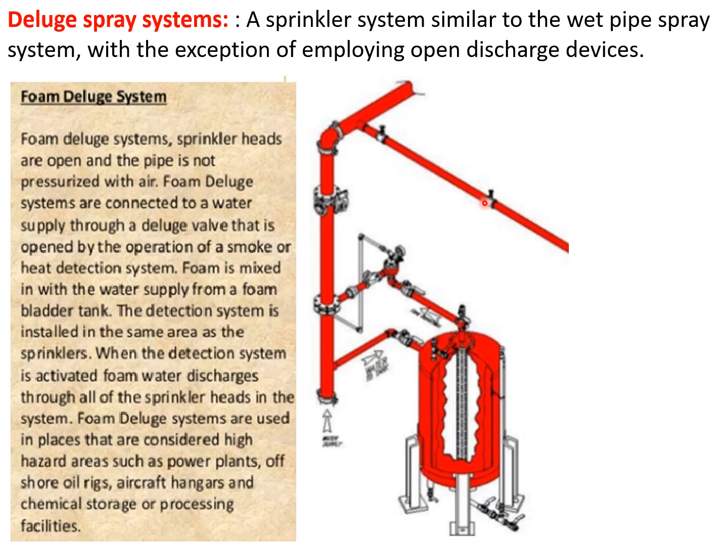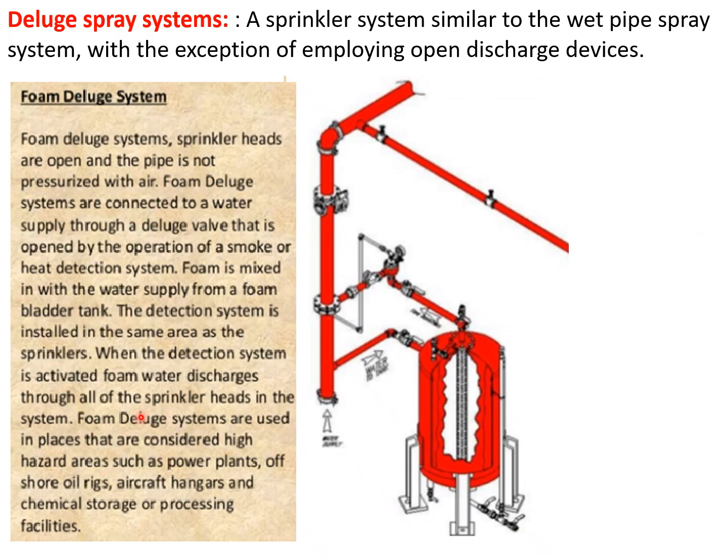Foam is mixed here, in which the water supply comes from a foam bladder tank. This is the foam bladder tank. The detection system is installed in the same area as the sprinkler. When the detection system is activated, foam water discharges through all the sprinkler heads in the system like this.